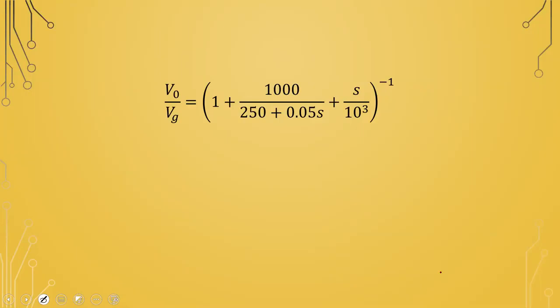So I now have my V0 over Vg. That's the expression. Of course, I'm not inverting as yet. I want to simplify the expression before I invert. All right, that's just my approach. If you find it easier to do otherwise, then feel free to do so.